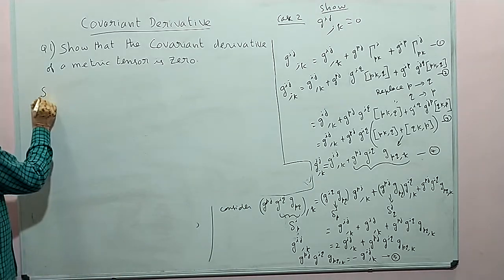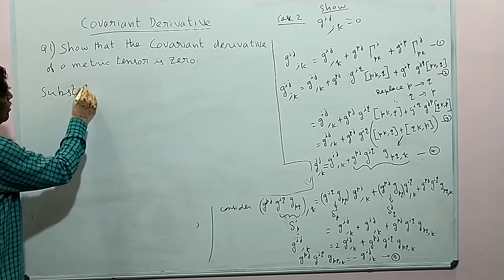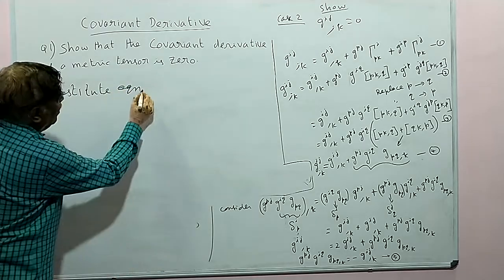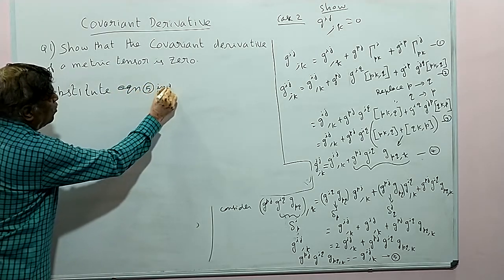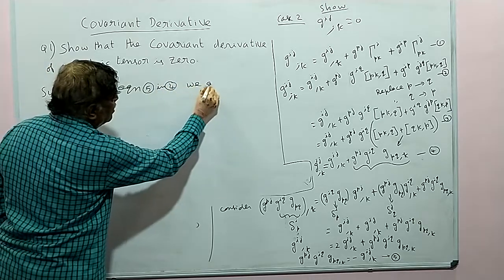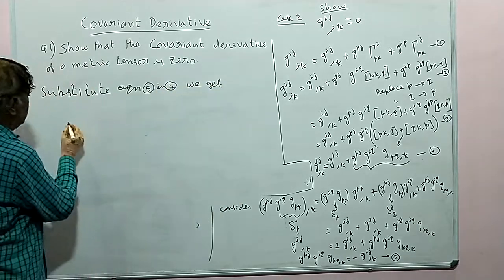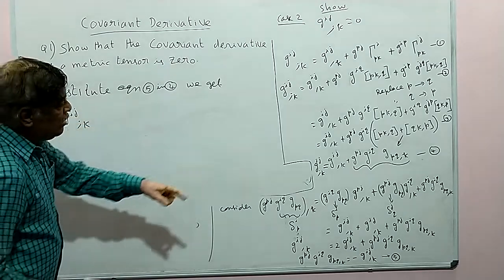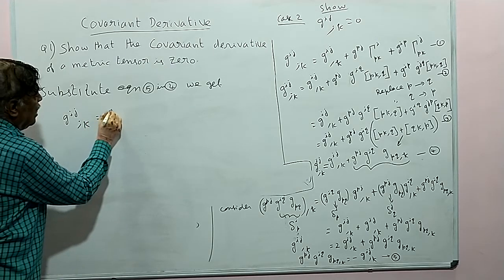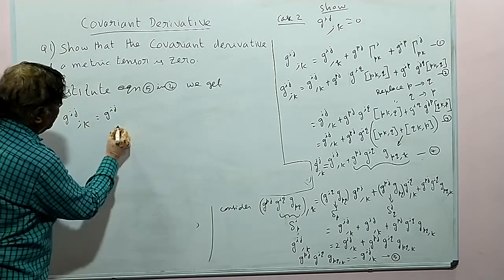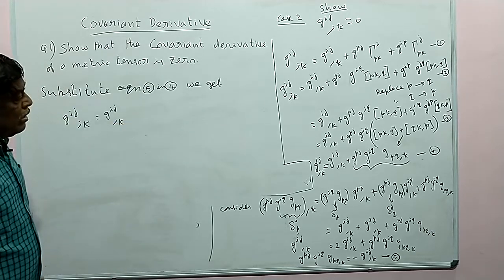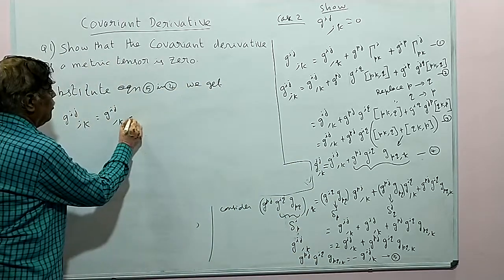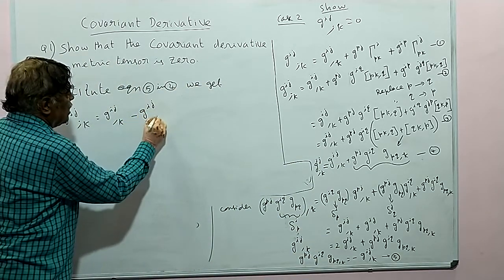So substitute equation 5 in 4, we get that expression g ij semicolon k is equal to, the first term is g ij comma k, normal derivative of the contravariant metric tensor, and this term is equal to minus this expression, minus g ij comma k.